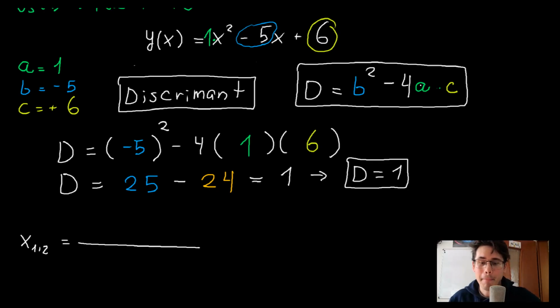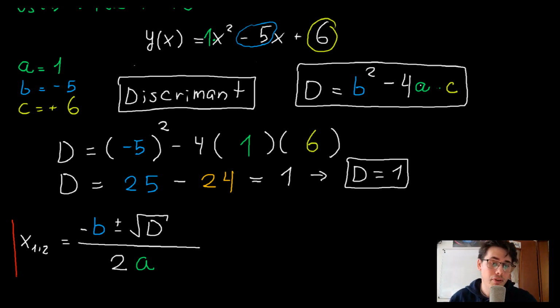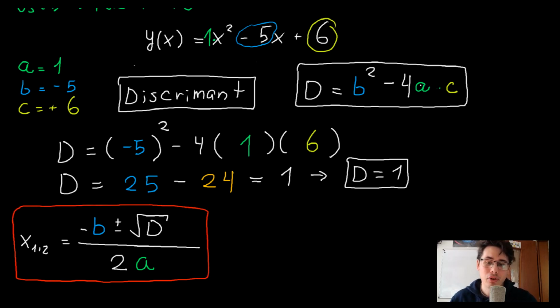Here goes minus B plus minus the square root of the discriminant, okay? Divided by 2 times A. This is something that we can memorize. This is something that we can simply use to solve for the roots of any quadratic function.